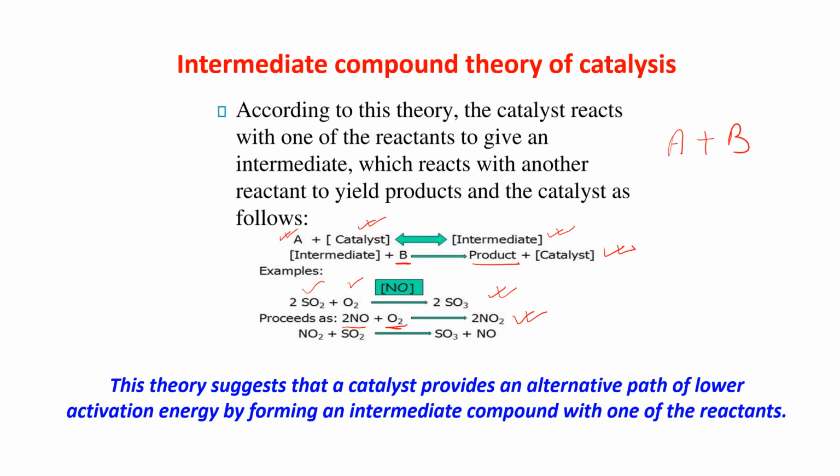Now this NO2 is reacting with another reactant, that is SO2, to give SO3, and NO comes out as catalyst. So this theory suggests that a catalyst provides an alternative path of lower activation energy by forming an intermediate compound with one of the reactants. This is known as intermediate compound theory of catalysis.